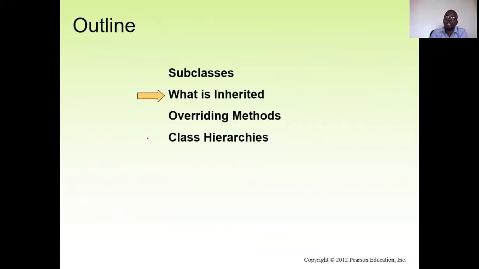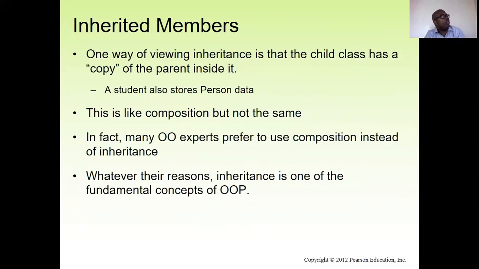Now, let us talk a little bit about what is actually inherited when you attempt to do inheritance. Generally, one way of viewing inheritance is that the child class has a copy of the parent inside of it. Okay? It's like composition, but they are not the same.